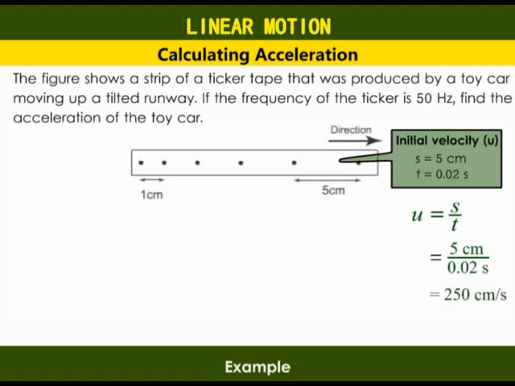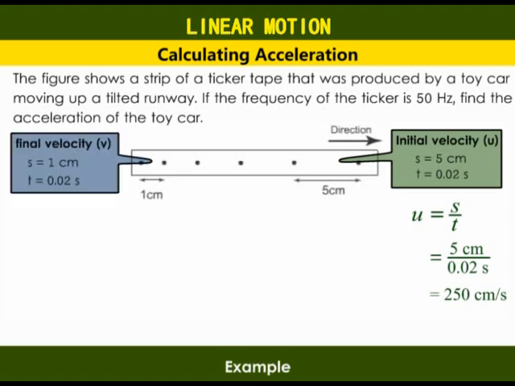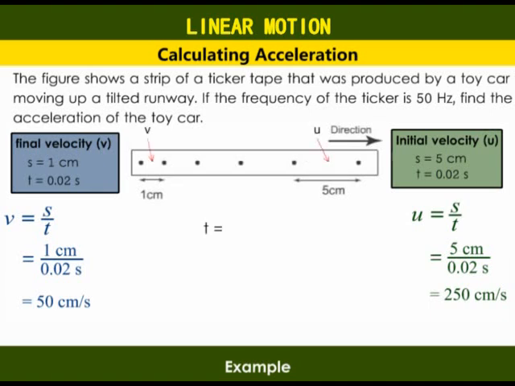In the last tick, time is also 0.02 seconds, but displacement is 1 centimeter, and so V is equal to 1 centimeter over 0.02 seconds, giving us 50 centimeters per second. Now the time between U and V. U and V are in the middle of these positions, so the time between U and V is 4 ticks.